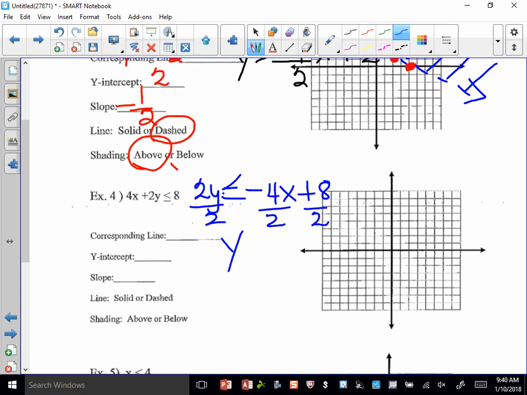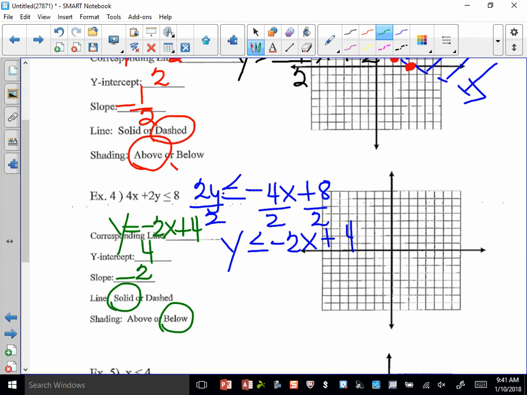So y is less than or equal to negative 2x plus 4. My corresponding line is just y equals negative 2x plus 4. The y-intercept is 4. The slope is negative 2. And here we will have a solid line because of the equal sign. And since it's less than, we will be shading below.